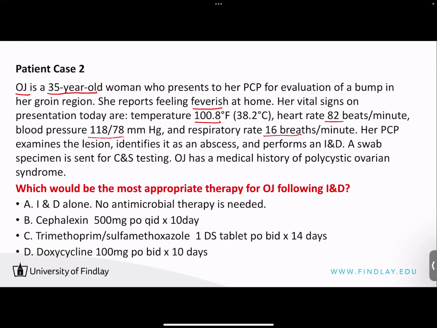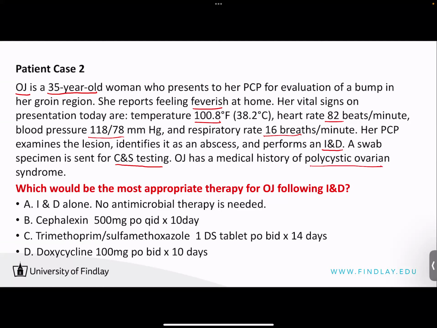PCP examines the lesion, suggests that it's an abscess, right, and performs an I&D, an incision and drainage. And then a swab specimen is sent out for culture and sensitivity testing. OJ, this fictional patient, has a history of polycystic ovarian syndrome. Now, after the I&D, what's the best approach for this individual?